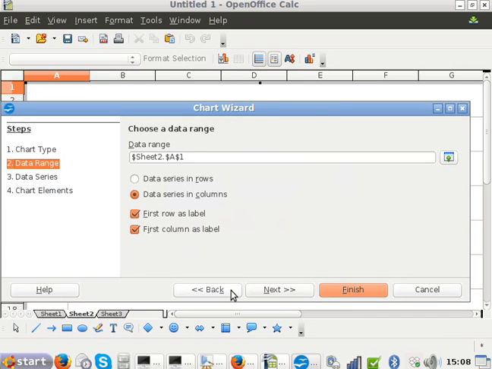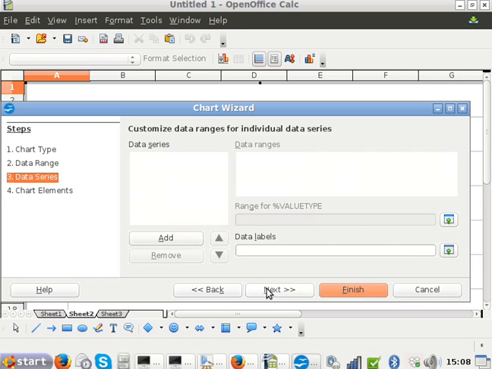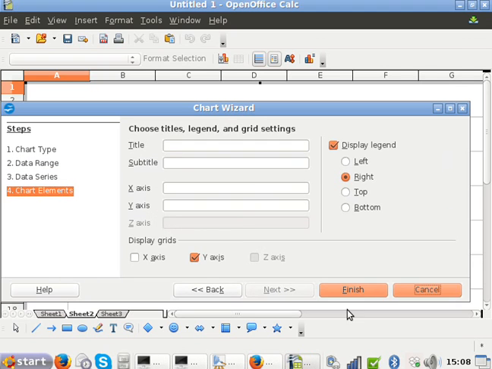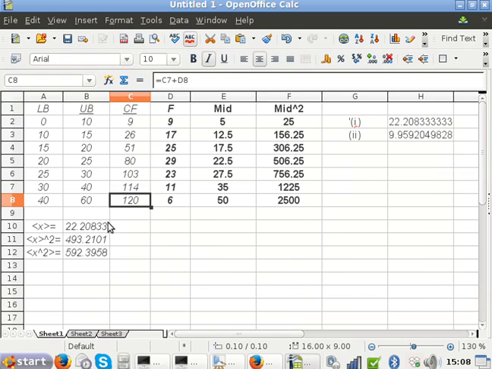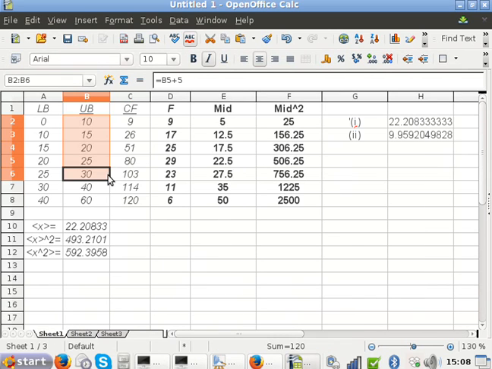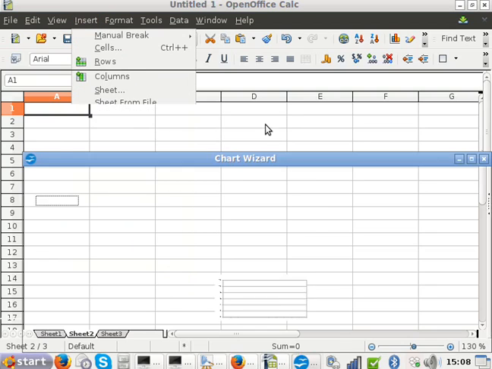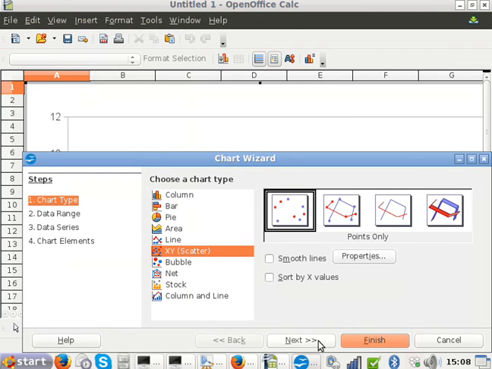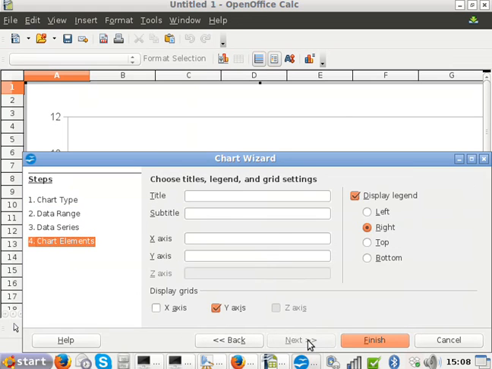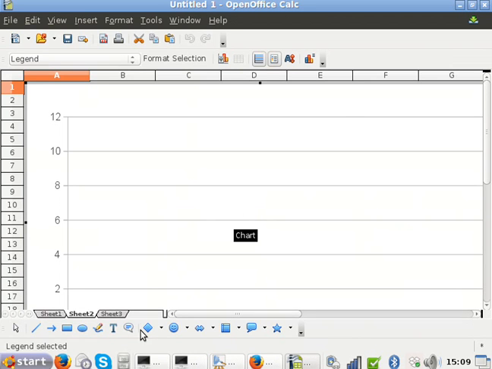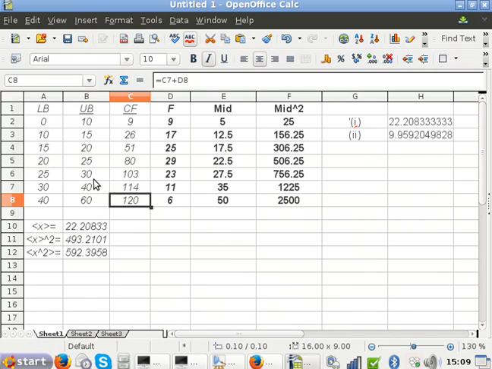No, it doesn't want to do it on a different tab. So it should be small, right? No, the other one. Oh, I didn't highlight it. Sorry. No, it needs to be on the same tab. Oh well.